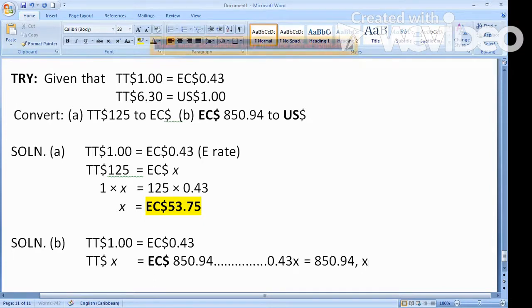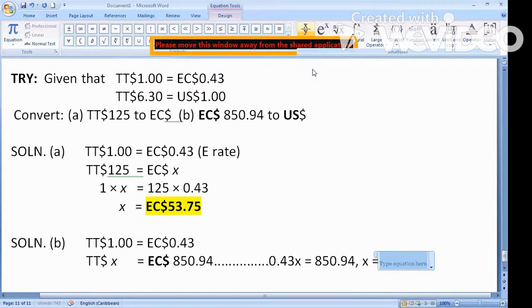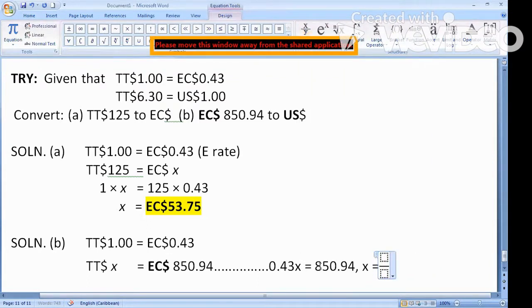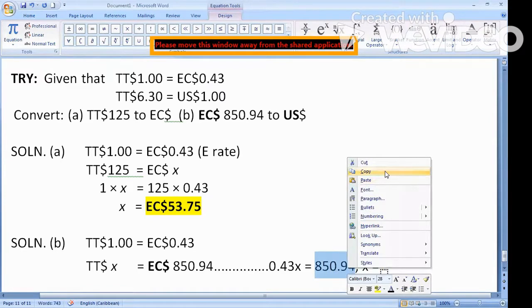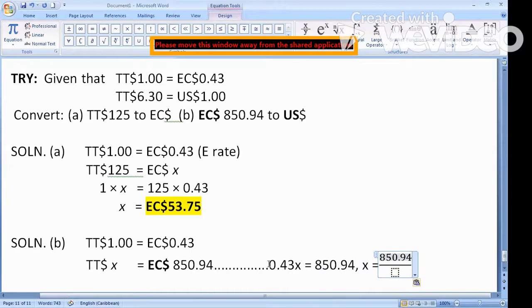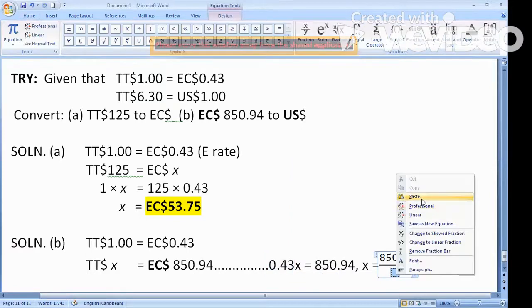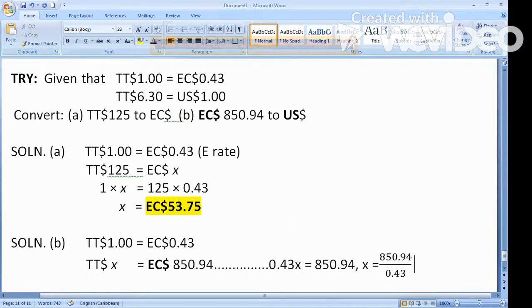So therefore x is equal to, I think, 365.90, something like that. Okay, hold on, I haven't worked it out yet.